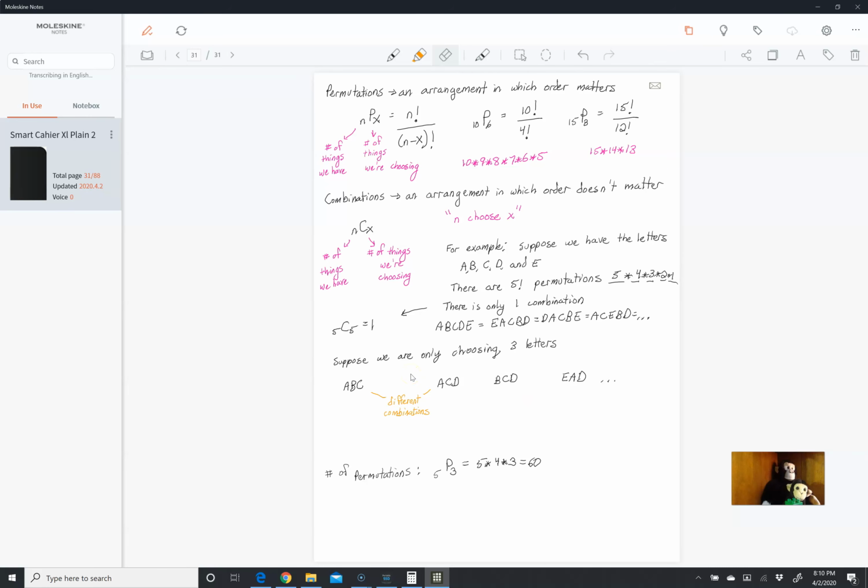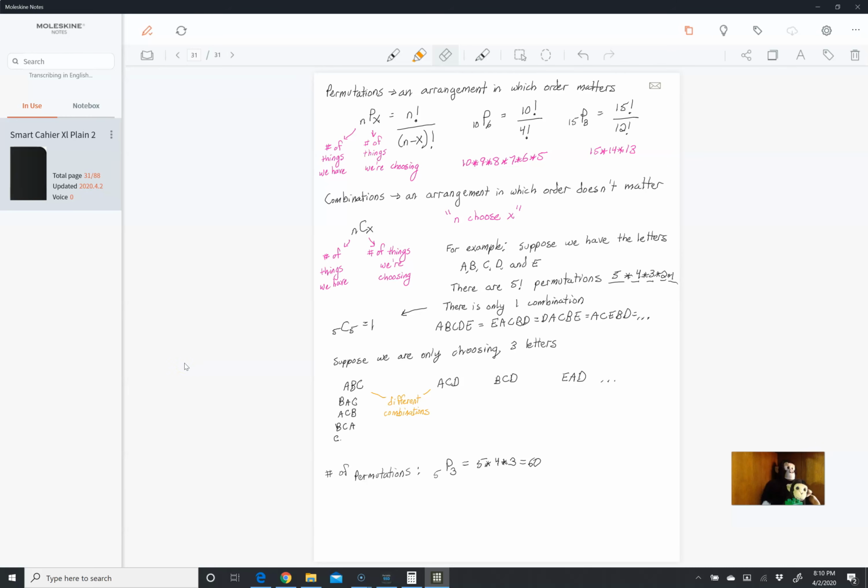But this is less, because this is saying ABC is different from ACD, but it's the same as BAC. And that's the same as ACB. And that's the same as BCA.